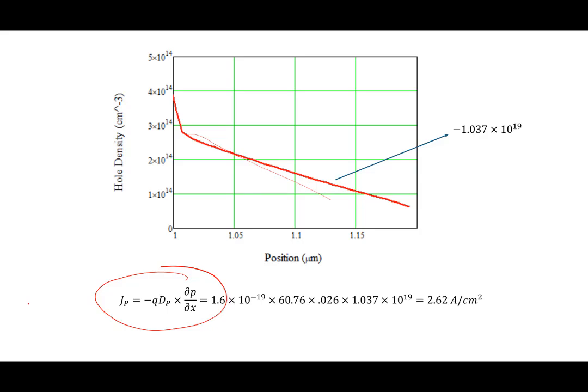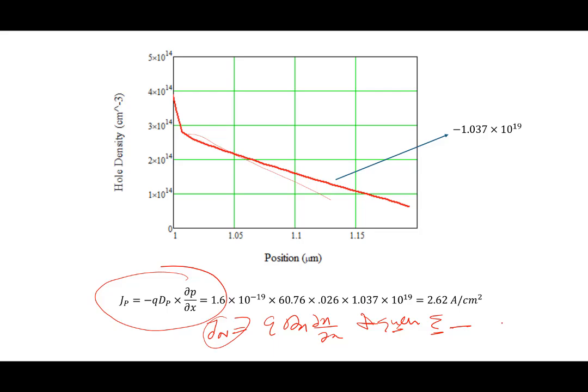Do not try to analyze majority carrier current. If I were to look at Jn, it will have not only q Dn del n by del x, but it will have q n mu E. Even though E may be small, because n is so large, that is significant. So now you have to look at the small amounts of electric field, and it becomes much harder to look at what is really happening to Jn.